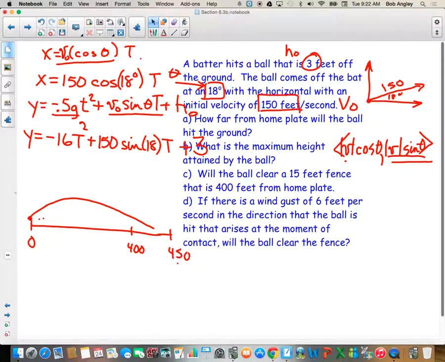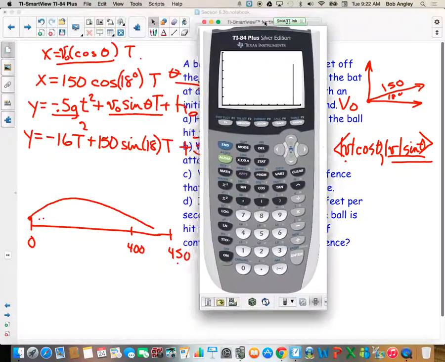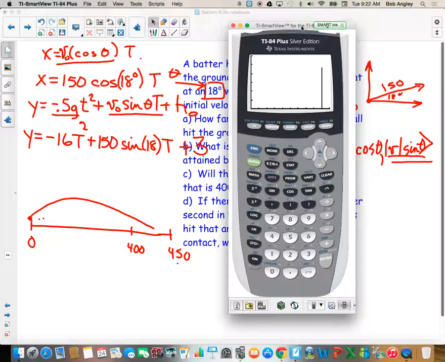All right, now let's put that part in our calculator. All right, so for me to see that and for you to see that, I'm gonna move this over. All right, we want to clear the junk that's here. Okay, so we need 150 cosine of 18, and then the t is outside that parentheses.